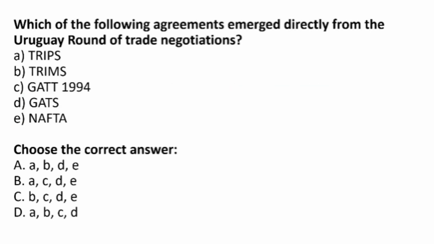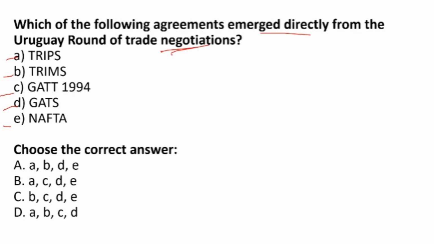Next question. Which of the following agreements emerged directly from the Uruguay round of trade negotiations? A. TRIPS, B. TRIMS, C. GATT 1994, D. GATS, or E. NAFTA? Options are there on your screen: ABDE, ACDE, BCDE, or ABCD. All options have one thing in common, that is D. Correct?